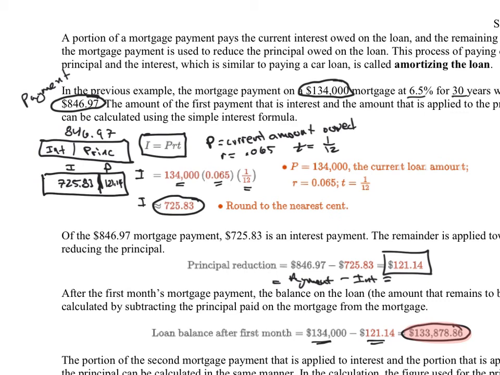So if you look at how much actually went towards principal, it was only $121. So by paying an extra $150, every single cent extra that I pay goes straight towards principal. Again, if I pay more principal, then my interest goes down even further.